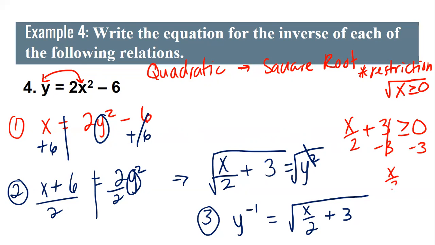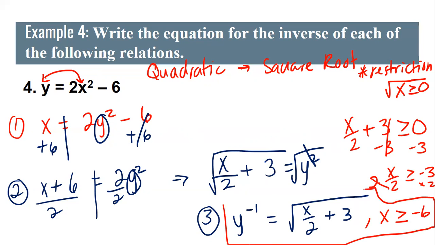That gives us x divided by 2 is greater than or equal to -3. What's the opposite of dividing by 2? Multiply by 2. And what is -3 times 2? So this is saying that x has to be greater than or equal to that. You have to state the restriction in order for it to be a function.